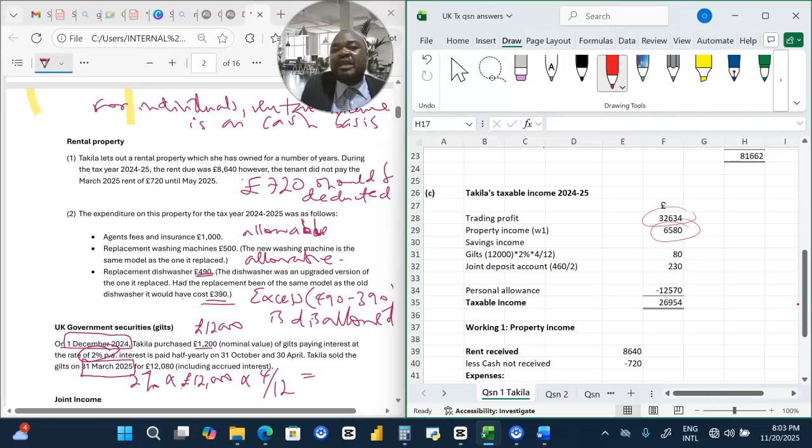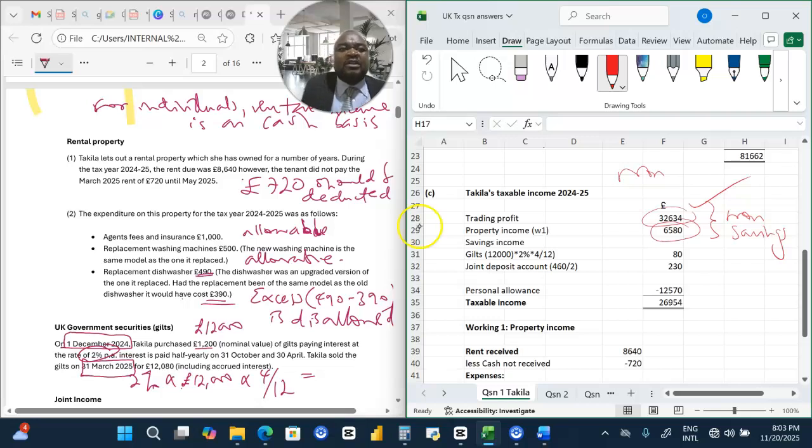Remember, we are still following our normal table, the non-savings income. Then we go to savings income, where we talk of the gilts and those joint deposit accounts. So the trading income, we've done that one.